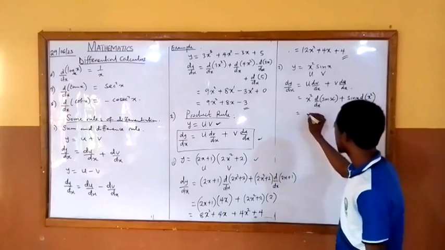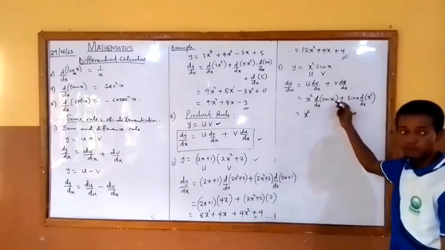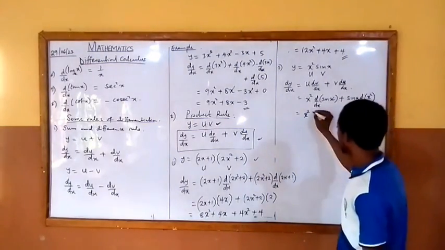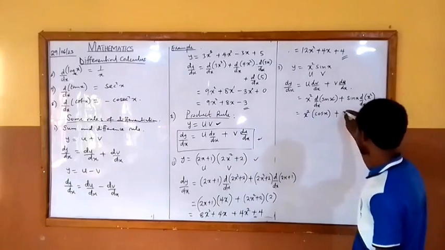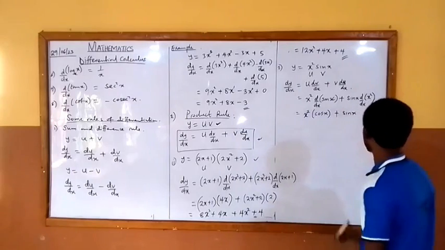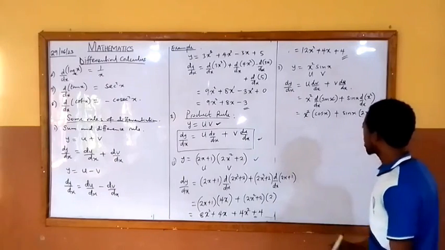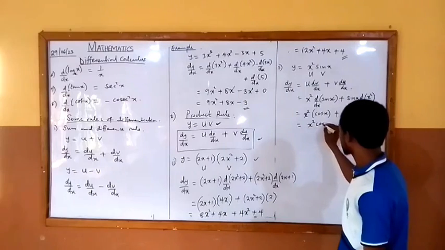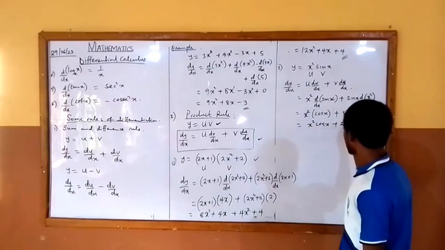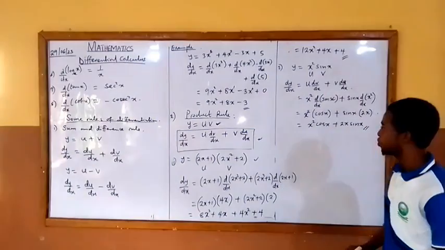Then by the time we simplify, we have x squared. Then when you differentiate sine x, that gives us cos x. So this is cos x. Then plus, we have our sine x. Then differentiate x squared. You know that this will be 2x. Then by the time we simplify, we now have x squared cos x plus 2x sine x. So this is our derivative of y equals x squared sine x using product rule.